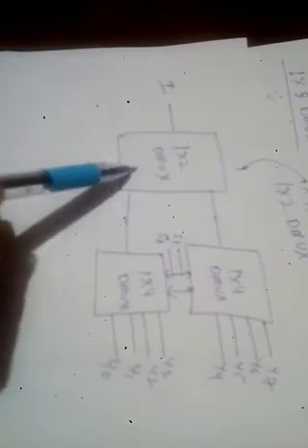This 1 by 2 demux will have one input, suppose I, one selection line, suppose S2, and 2 outputs. The outputs of this 1 by 2 demux will be applied to the input of the upper 1 by 4 demux and the input of the lower 1 by 4 demux.